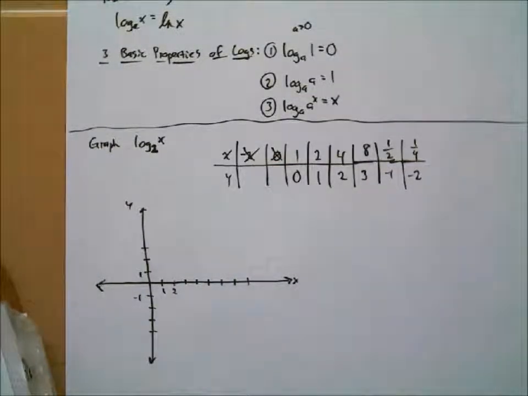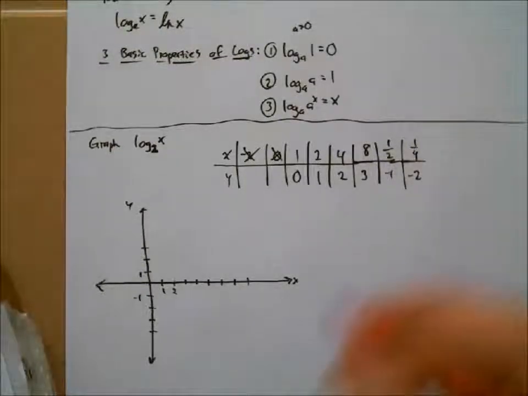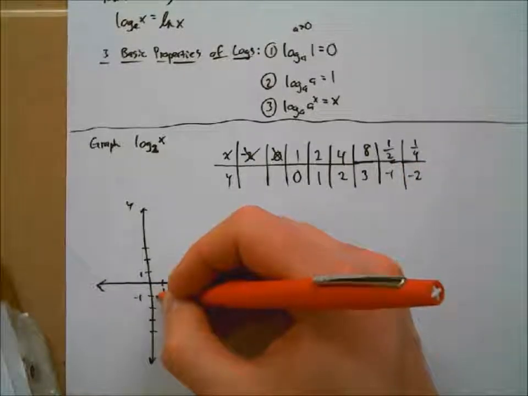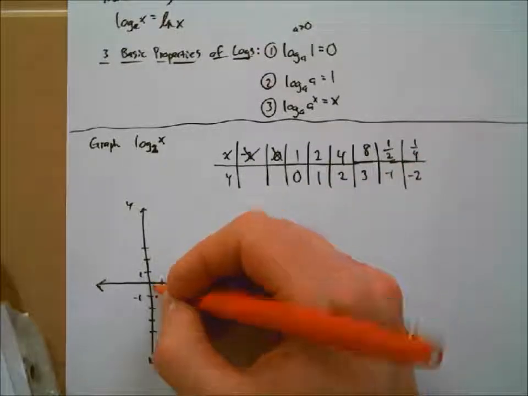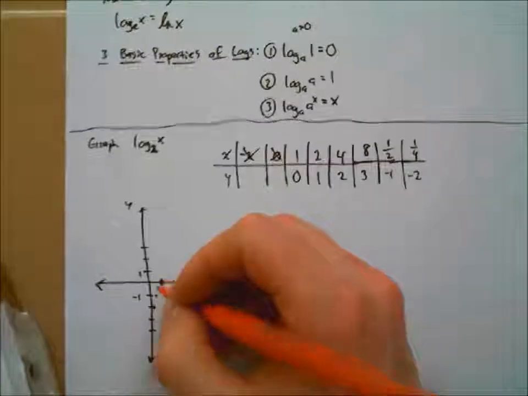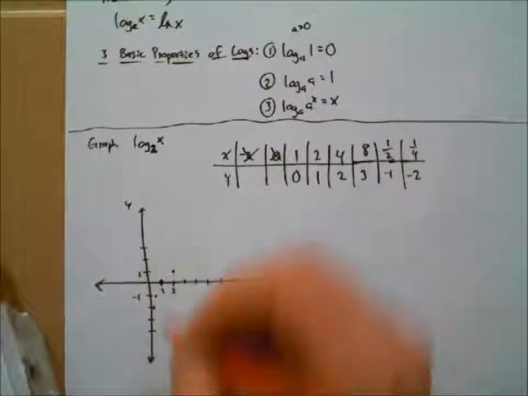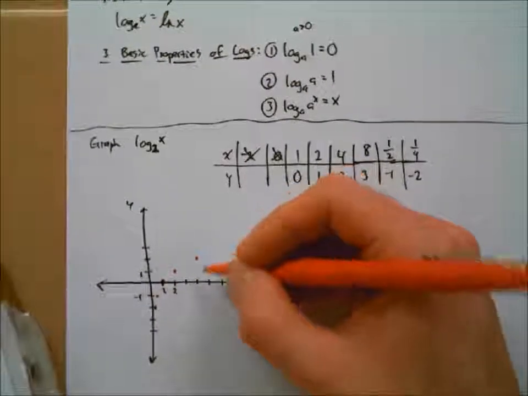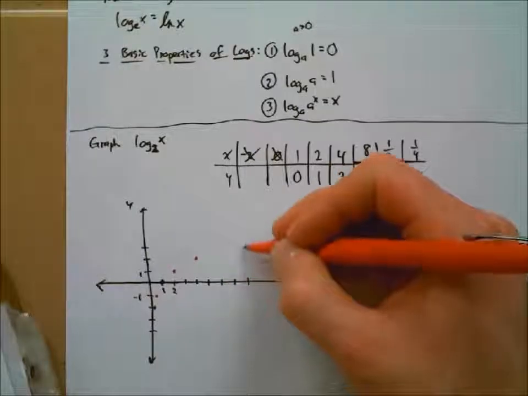So we'll plot these points. So 1/2, -1, halfway, -1 there. 1/4, -2, so like right there. And then 1, 0, and then 2, 1, and then 4, 2, and then 8, 3.